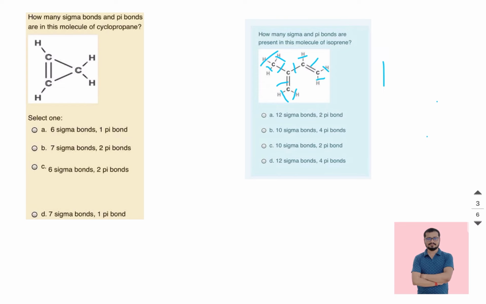So this has 12 sigma bonds. Now calculate the number of pi bonds from the total number of double bonds, which is 2. Each double bond has one pi bond, so two double bonds have two pi bonds. So here there are 12 sigma bonds and 2 pi bonds. So this is the correct option.